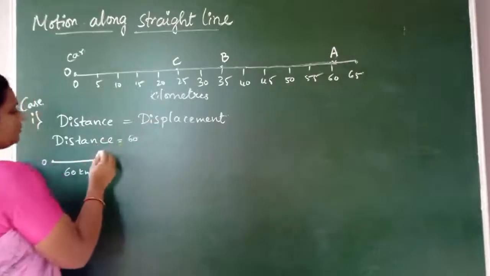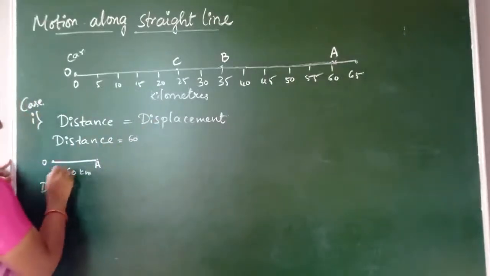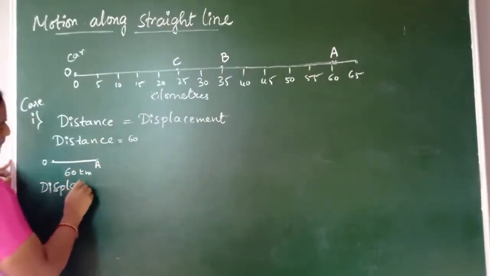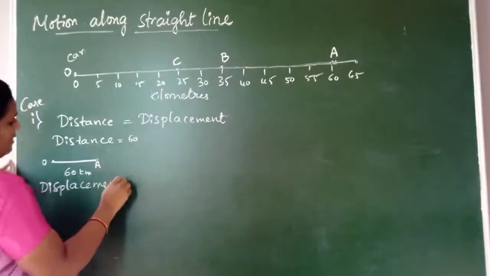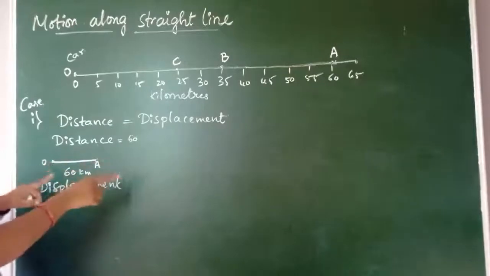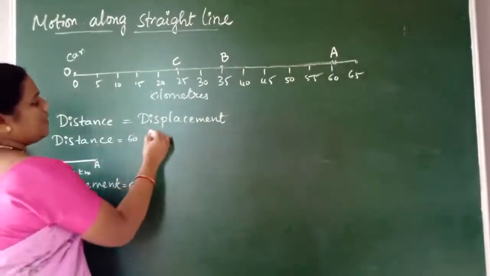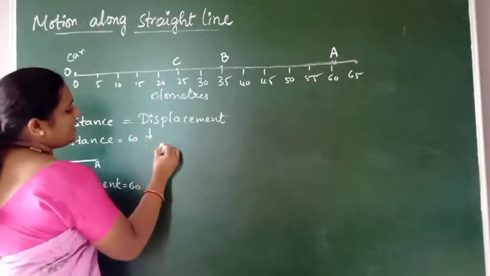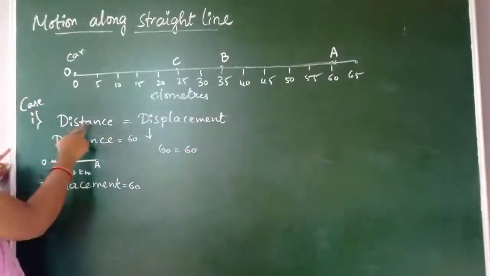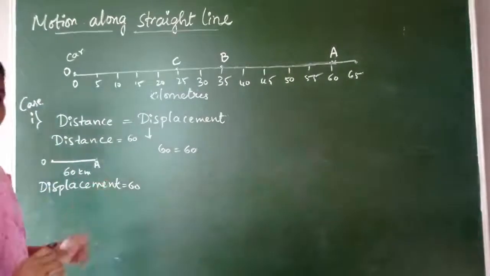And here the displacement also becomes 60 kilometers, because this is the initial point, this is the final point. The shortest path is what? The same. So the displacement is also 60 kilometers. So how can we write this? That is 60 is equal to 60. So distance can become equal to displacement, this is valid here.